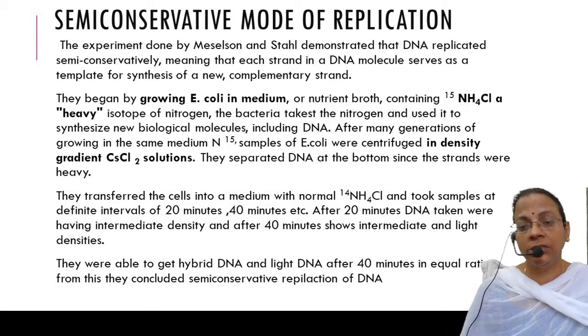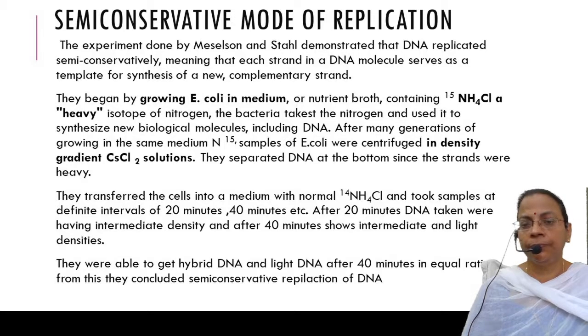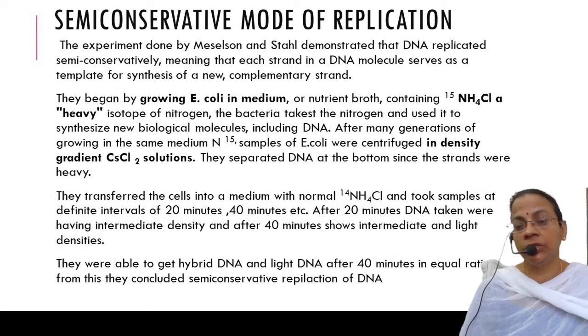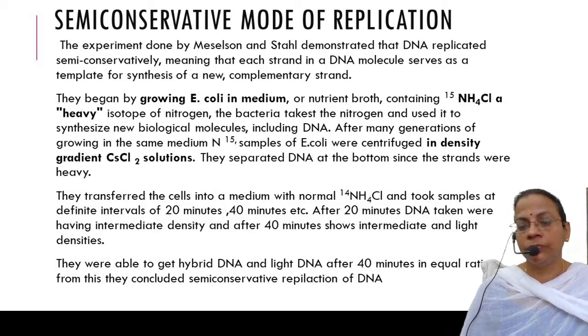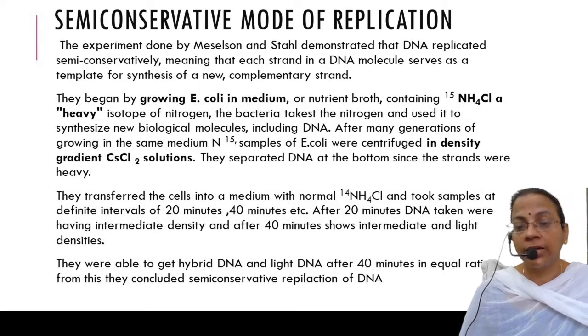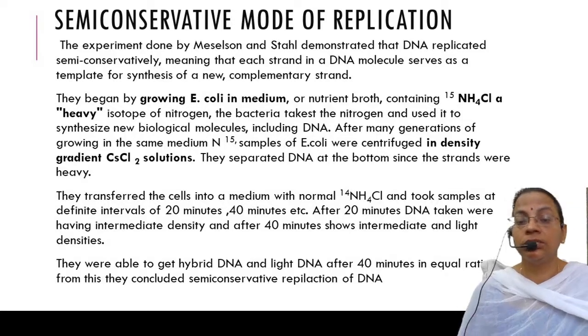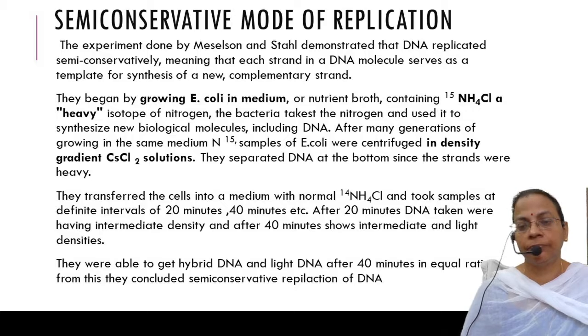After many generations, they took a portion of that sample and subjected it to a special type of centrifugation called density gradient centrifugation in a cesium chloride solution. When they extracted the DNA, they were able to separate it in a particular range. Not intermediate, but in the bottom range, that is heavy.